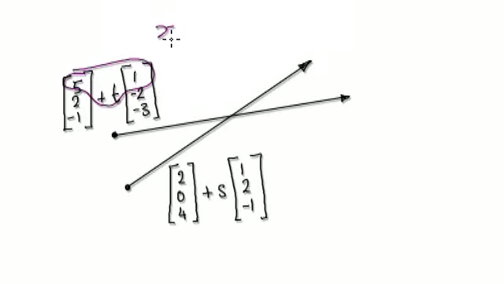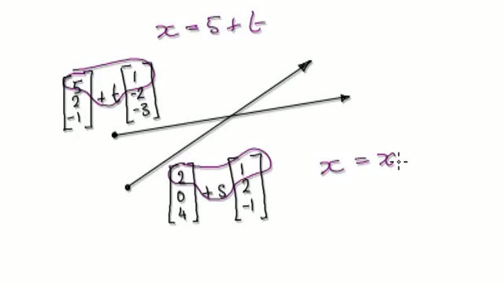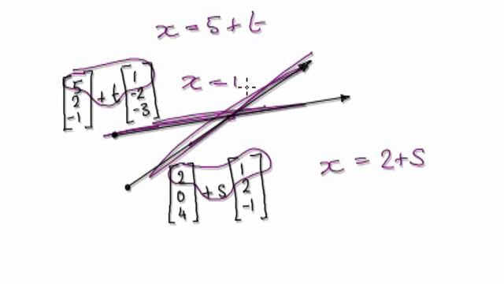You can imagine x as being this thing here, 5 plus t, and then the x location for the second line will be 2 plus s. So at this point here, the x location for this line will be the same as the x location for this line.